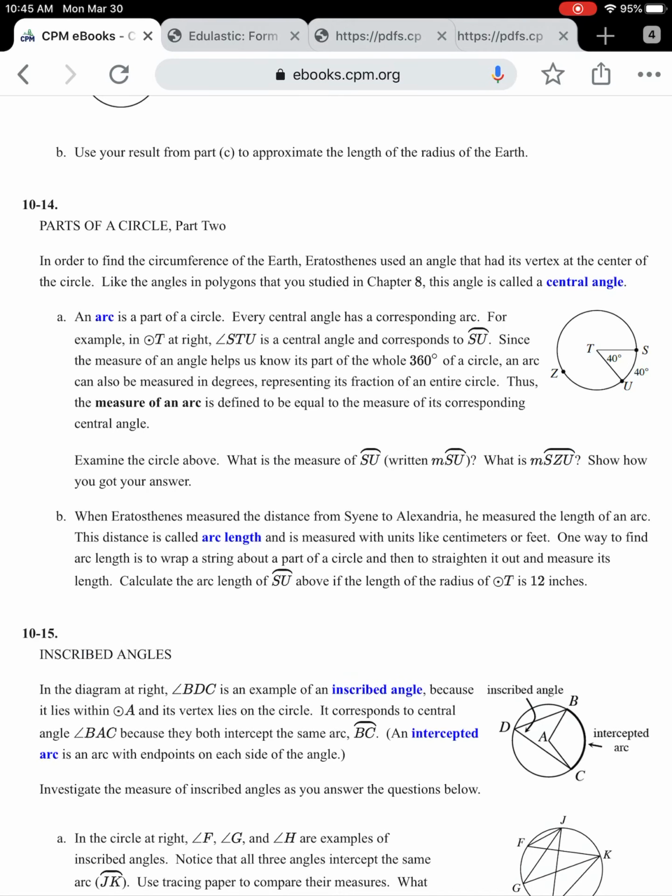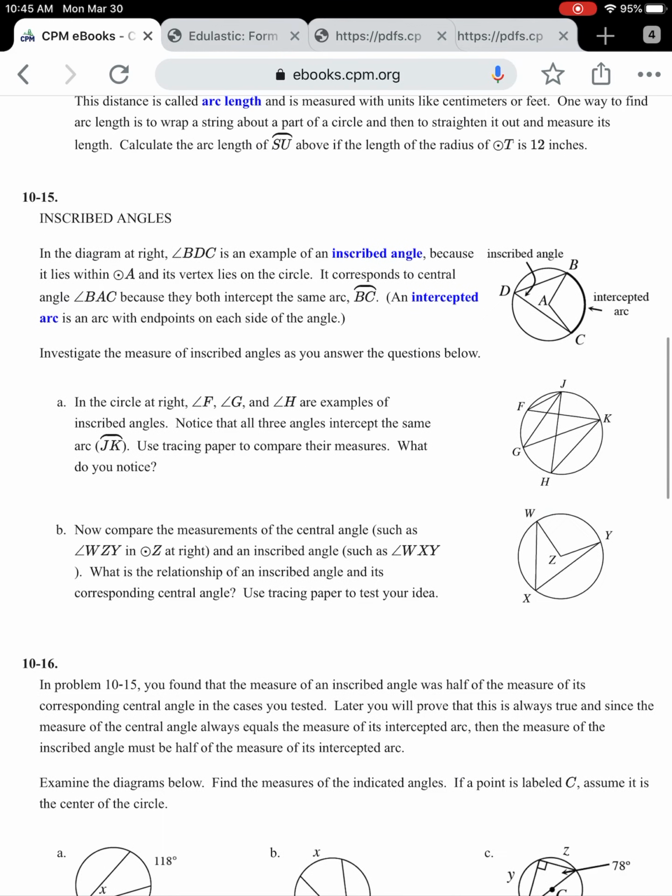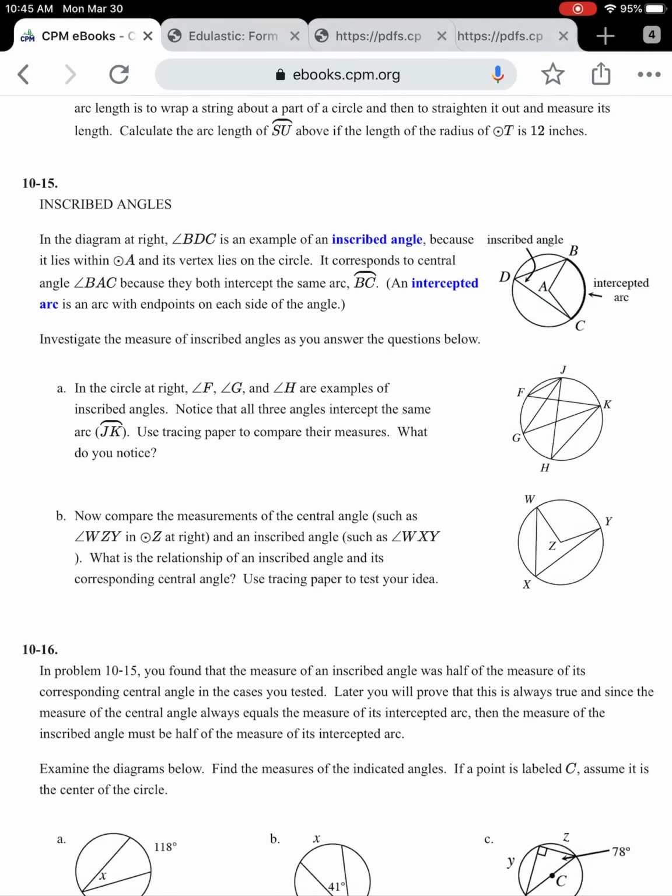The real important new idea comes in problem 10.15, where we're given inscribed angles. And I know you don't have tracing paper, but you were asked to compare the measures of 3 inscribed angles that were all opening up to the same intercepted arc. Hopefully you noticed that they all had the same measure. Regardless of where they opened from, they end up having the same angle measure.